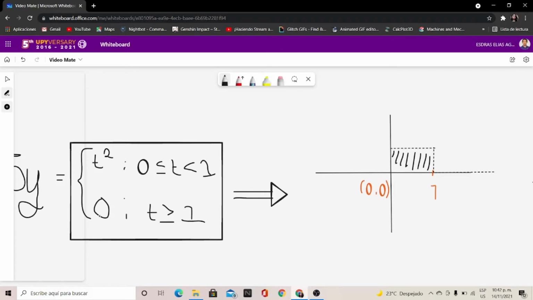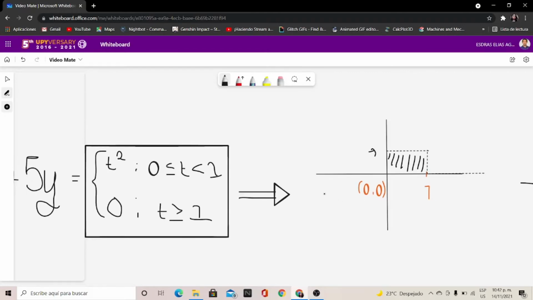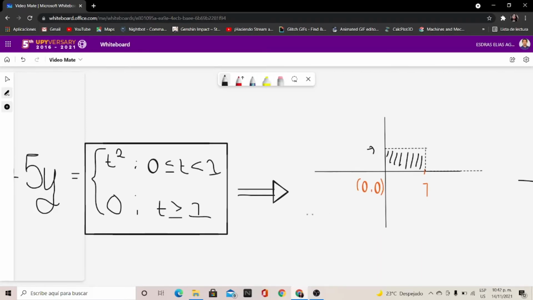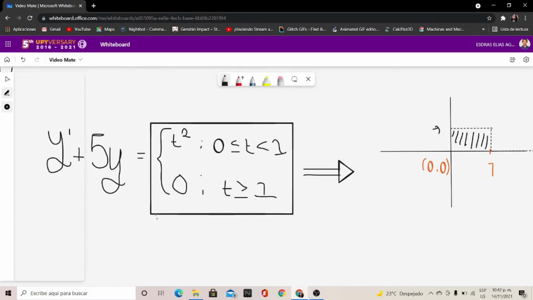But when t is greater than 1, the function goes to 0. So basically the function is activated when t is between 0 and 1, and deactivated when t is greater than 1. Okay, this is a unit step.